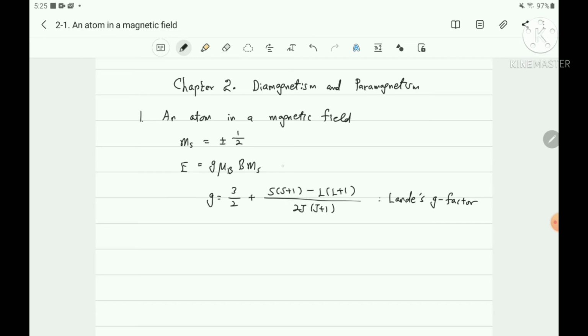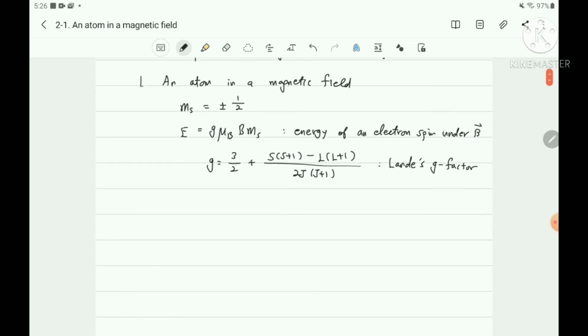The Lande g factor gives the energy of an electron spin in the magnetic field B. In a single electron, the g factor is approximately 1 plus alpha over 2 pi, and so on.